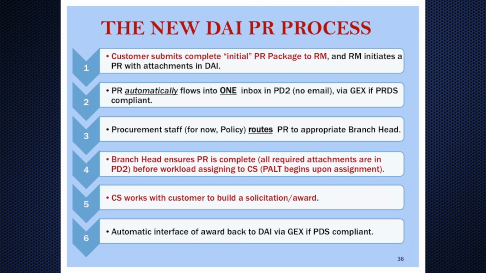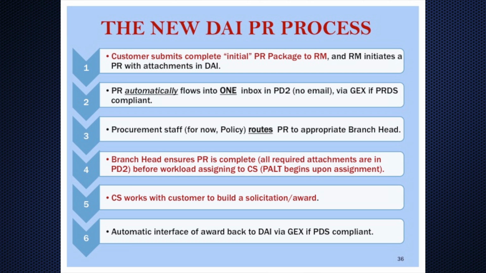So in other words, if you submitted an incomplete PR package, the procurement will not begin until the branch head or the contract specialist gets back to you and says, we need the IGCE, or we need the PWS, or whatever is missing. They're going to work with you. They're going to get back to you. And the procurement will not begin until everything has been received.